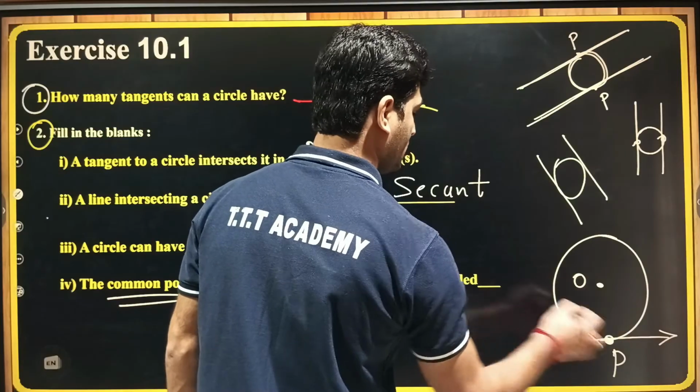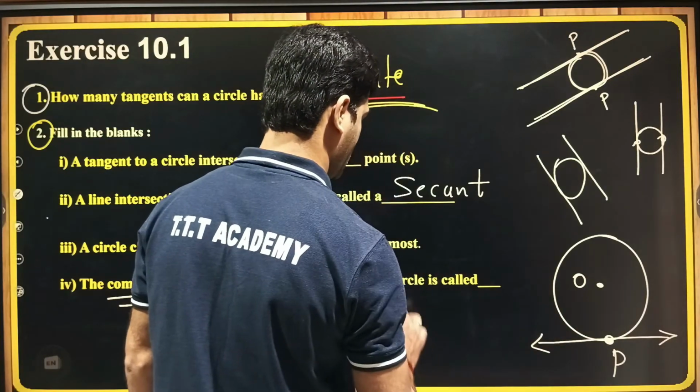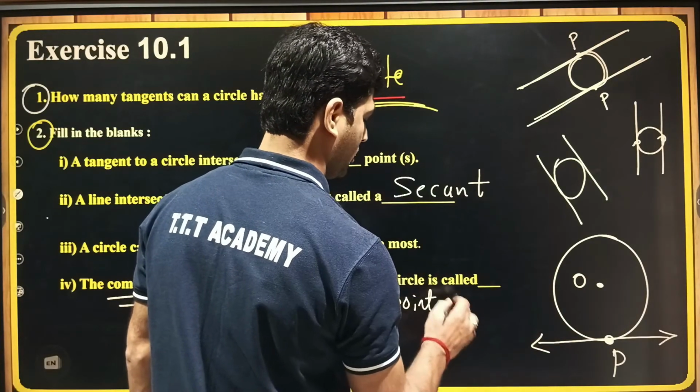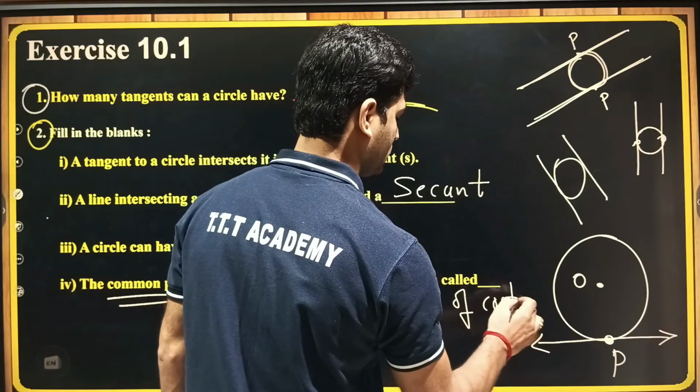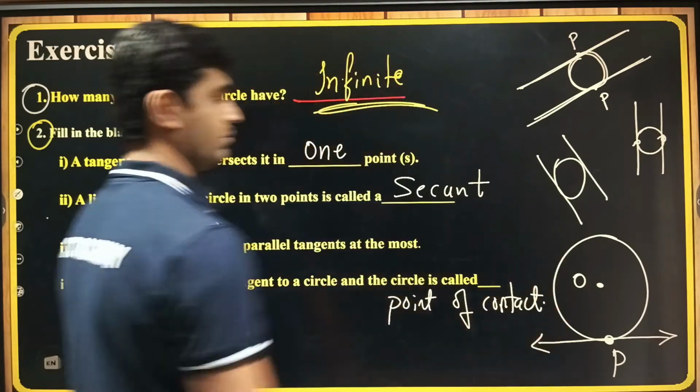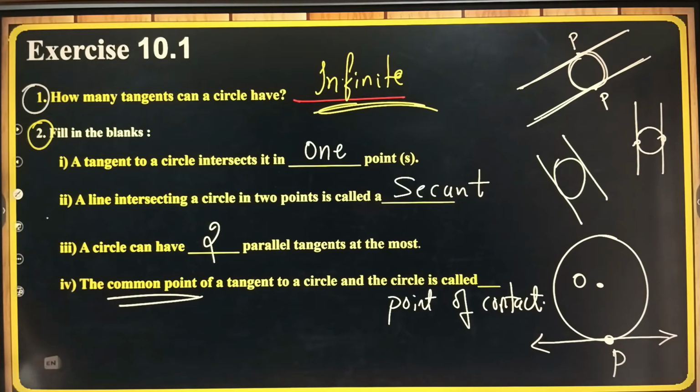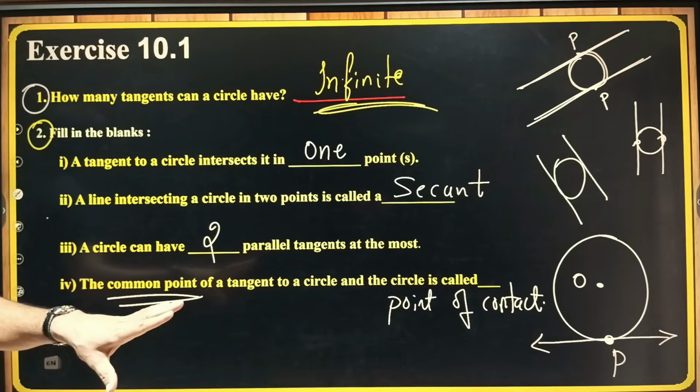If you consider there is a circle and here is a tangent, in this tangent there is a point P with a circle O. This point is called the point of contact. The definition is: the common point of a tangent to a circle and the circle is called the point of contact. Let me write here, point of contact. So this is your question number 2, the fill in the blanks. Hope it's clear. Anybody have doubts?